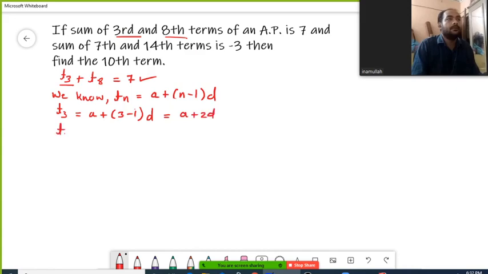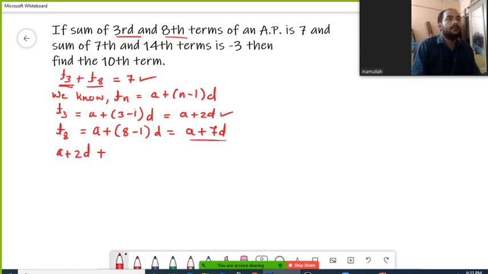Same way we can find out T8, A plus 8 minus 1 into D. So A plus 7D. Here we have T3. T3 can be taken as A plus 2D plus T8.